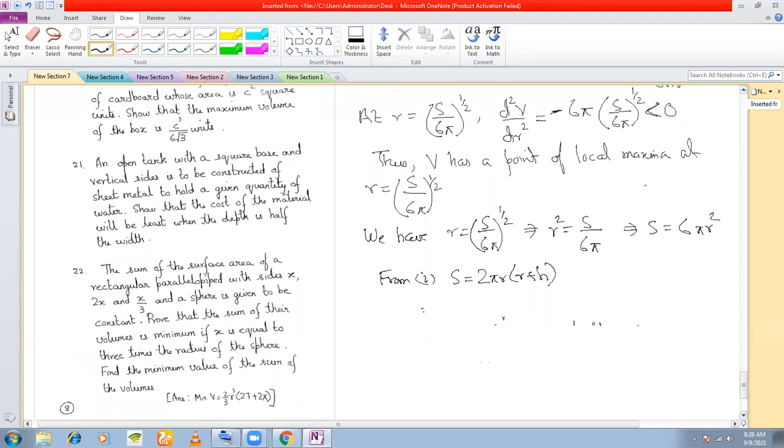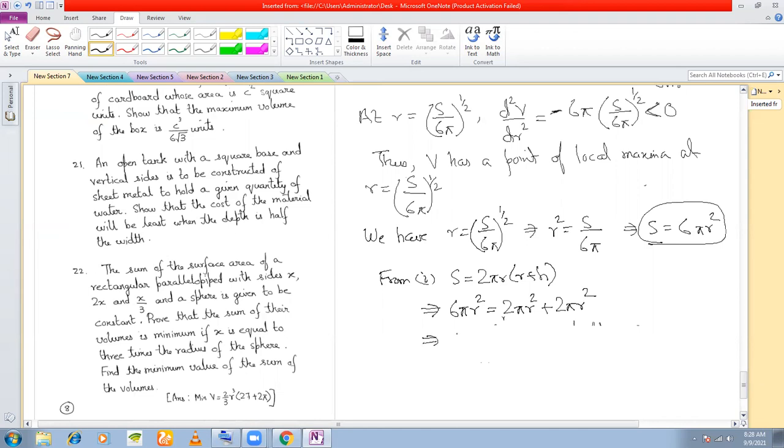Now put the value, at what value are you getting this maximum volume? At S is equal to 6 pi r square, right? So put it here, 6 pi r square is equal to 2 pi r square plus 2 pi rh.